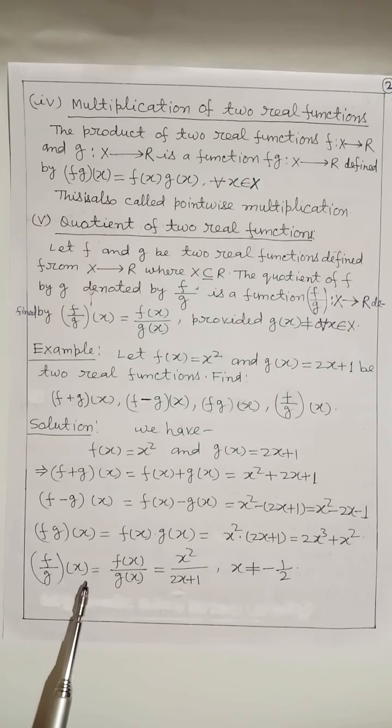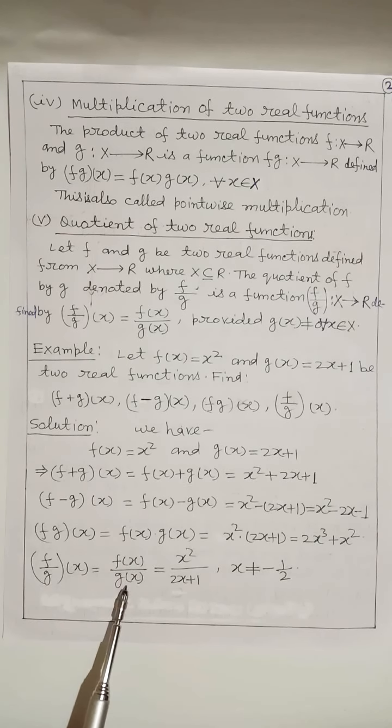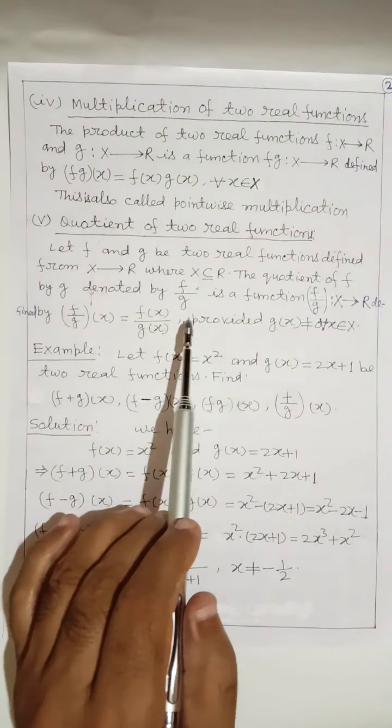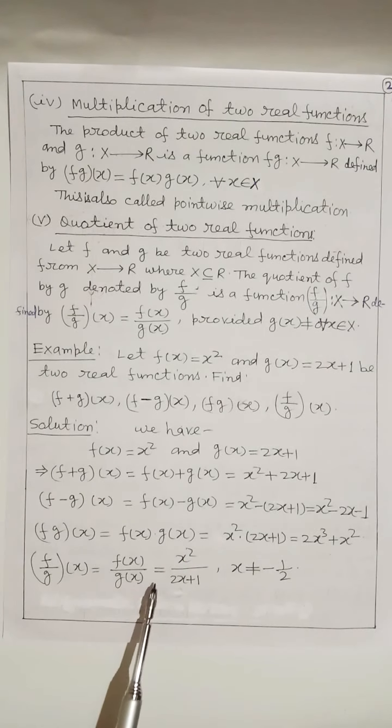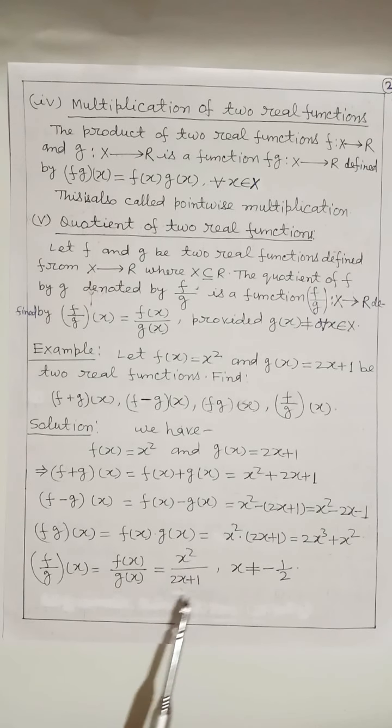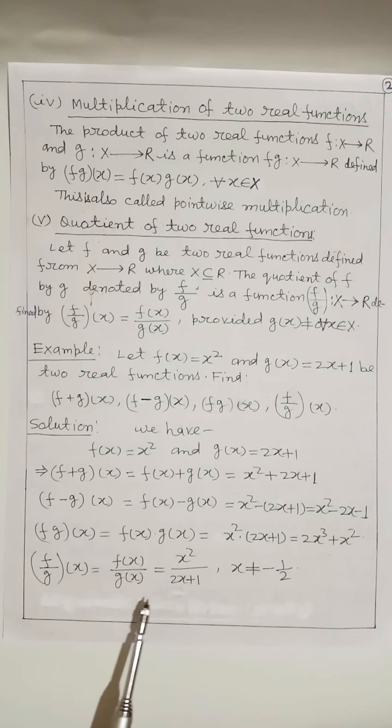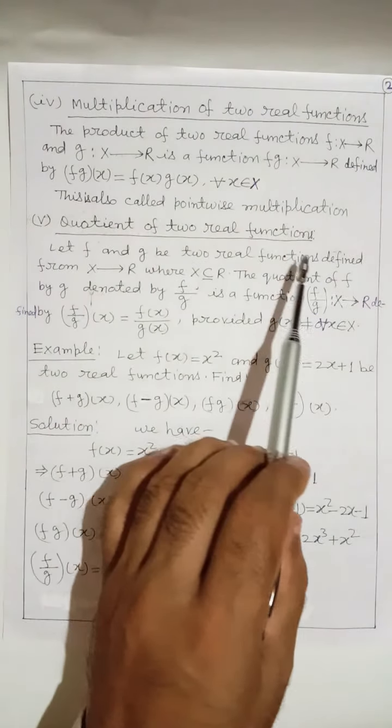(f/g)(x) equal to f(x) by g(x) from above here, and this is equal to x square by 2x plus 1. Here, dear students, quotient of two real functions.